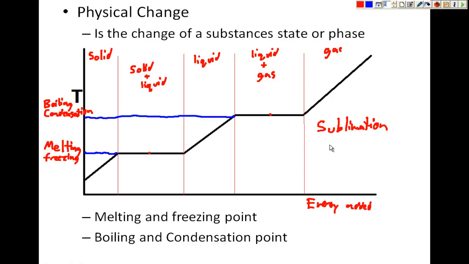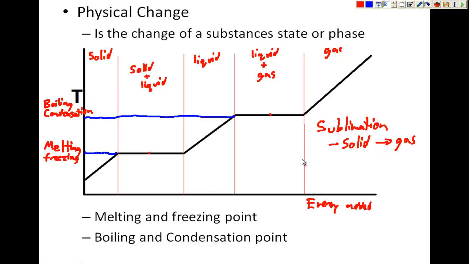Sublimation is when you go from solid to gas. Again, it's a physical change. We're not reacting two solids to make a gas. We're just going from one substance, from solid to gas, and that's called sublimation.